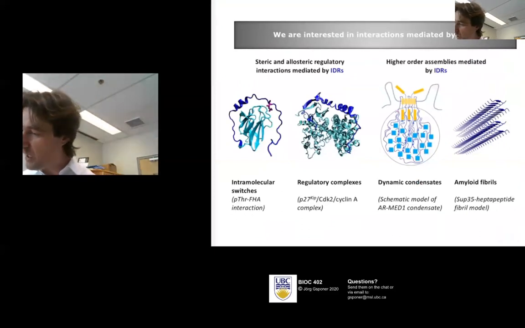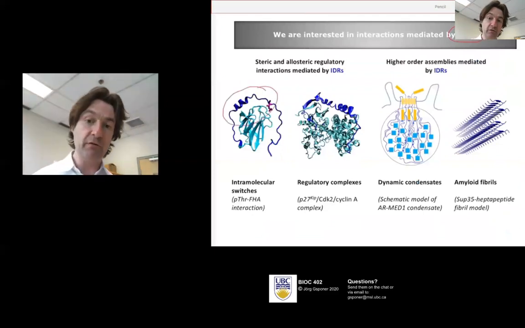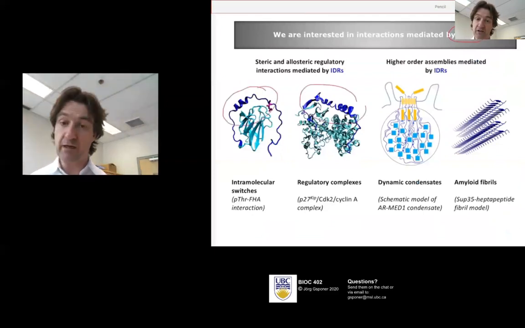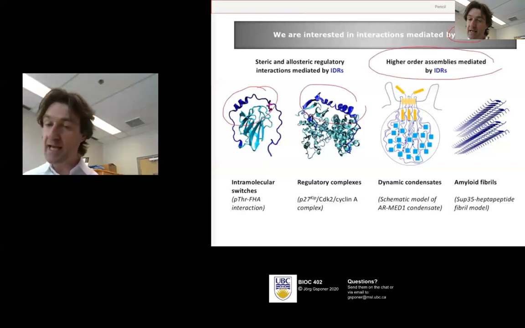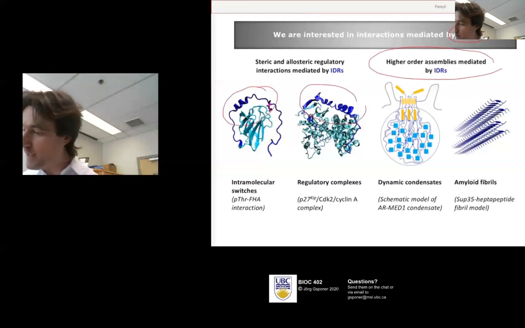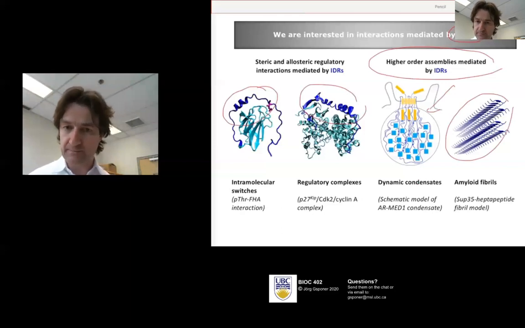We're interested in how these so-called IDRs mediate intramolecular and intermolecular interactions and thereby contribute to the regulation of the activity of proteins. And we're also interested in how they can mediate the assembly of higher order structures like amyloid structures, or more recently, dynamic protein condensates.